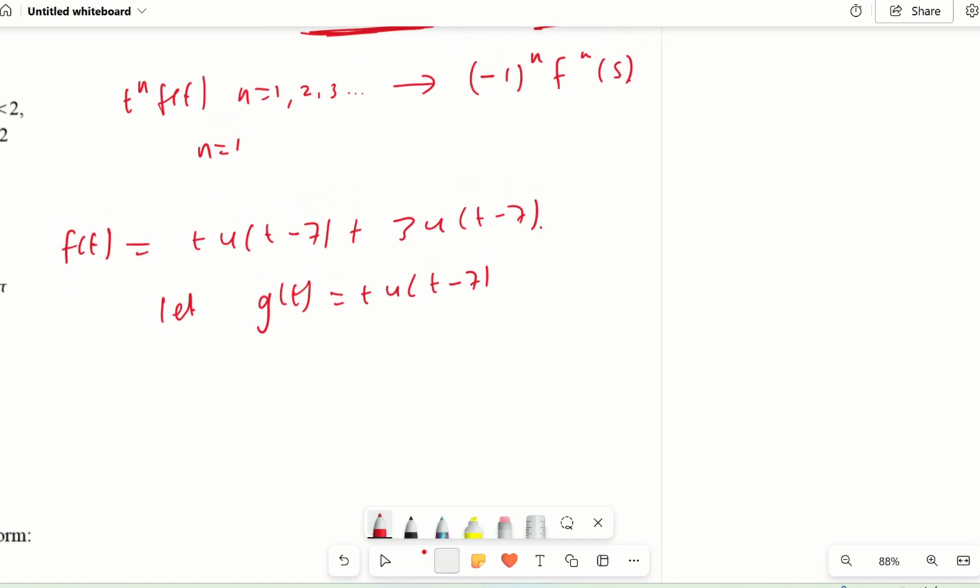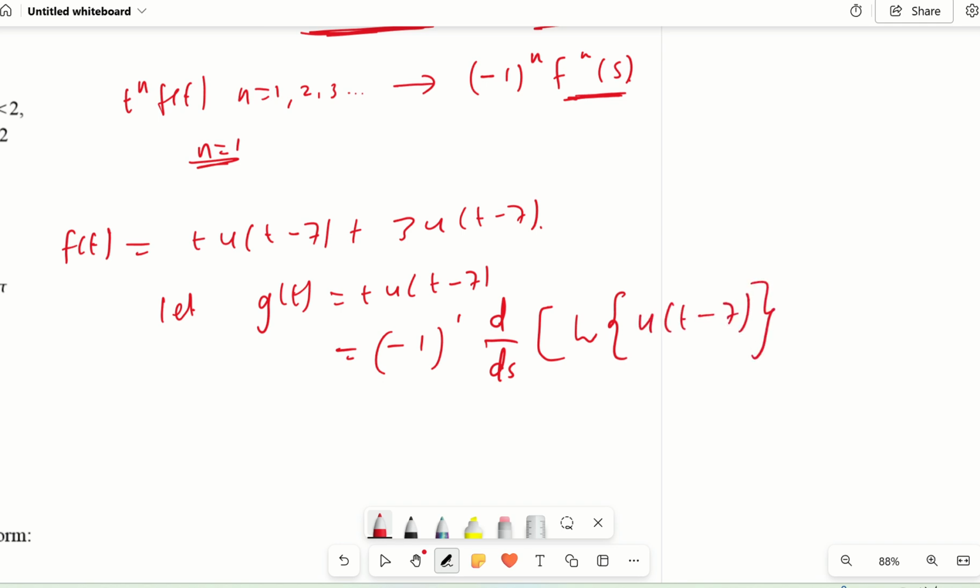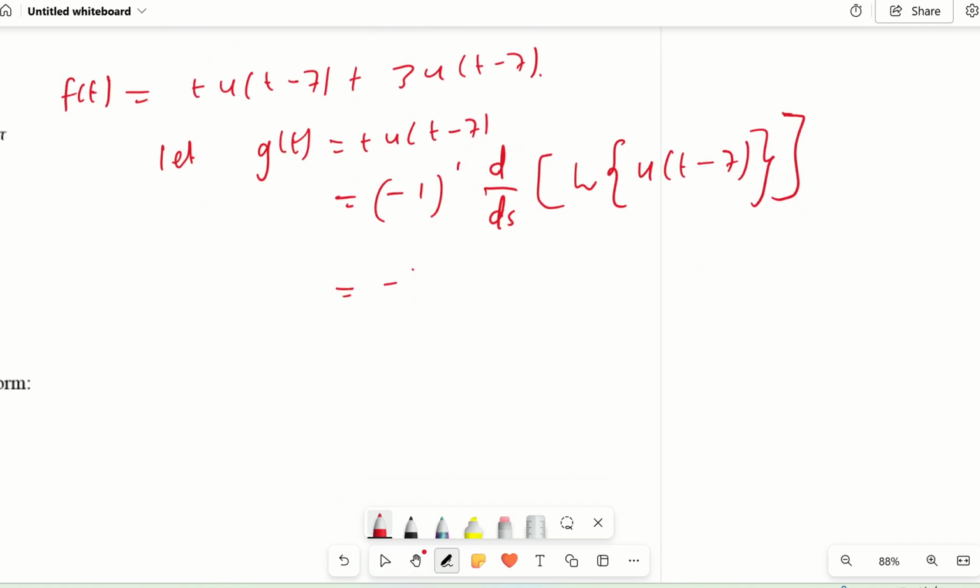Remember my n is equal to 1, and I have to find f of s, but then I need to differentiate it. So it's going to be d ds of the Laplace of u of t minus 7. I hope this is clear, and this one is minus 1.